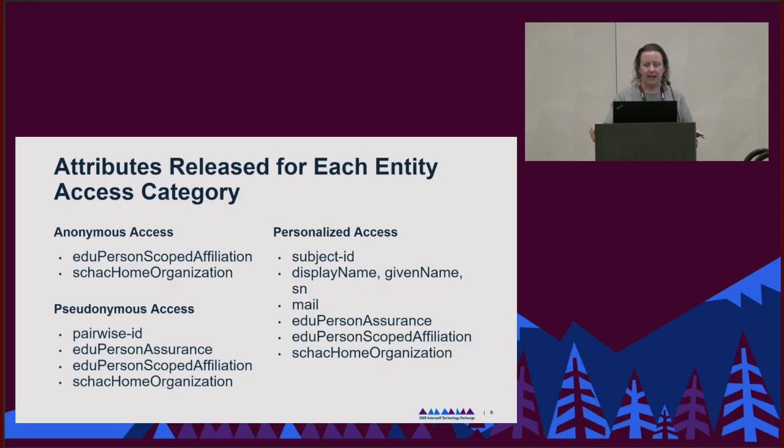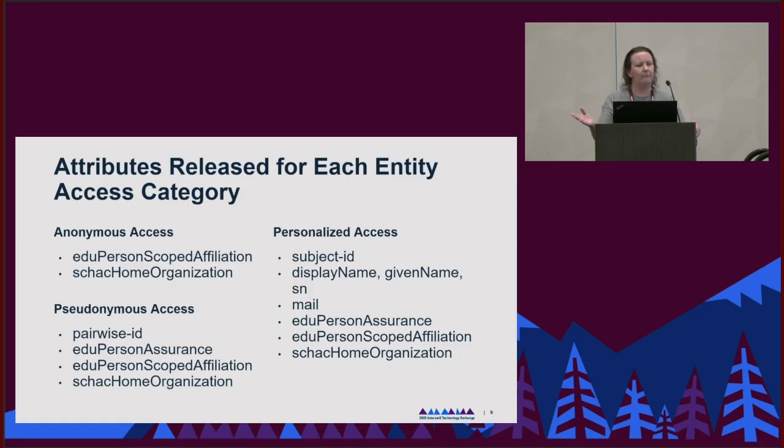The personalized access releases the more personalized information. So the subject ID, the display name, given name, SN, mail, and then also the eduPersonAssurance, eduPersonScopedAffiliation, and SCHAC home organization. Within InCommon, and actually, I believe in the world, the personalized access entity category is meant long-term to replace the R&S access category.